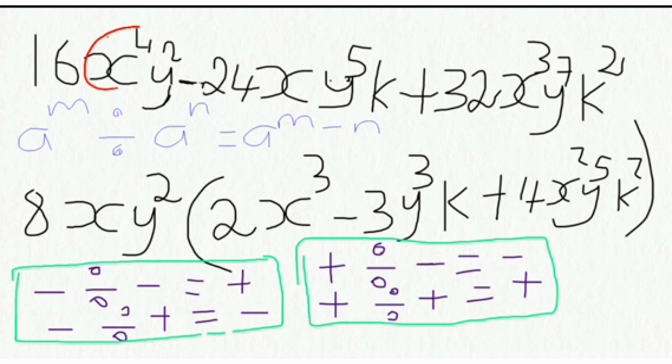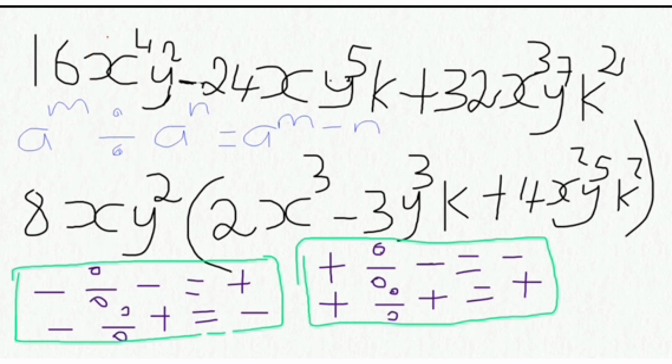What is x to the power 4 divided by x? You can see that there's a division sign between x to the power 4 and x to the power 1, and the bases are the same.